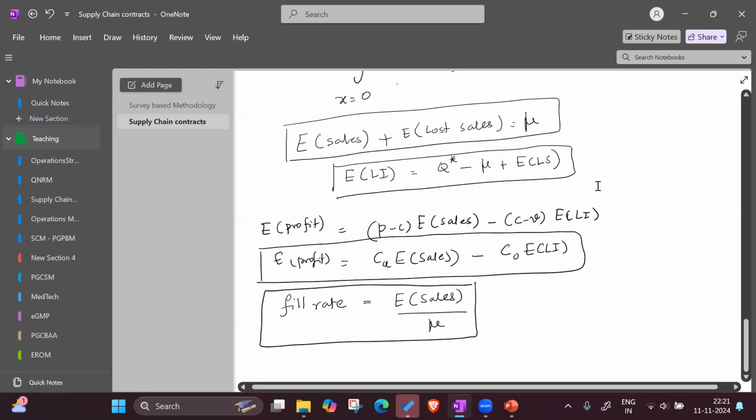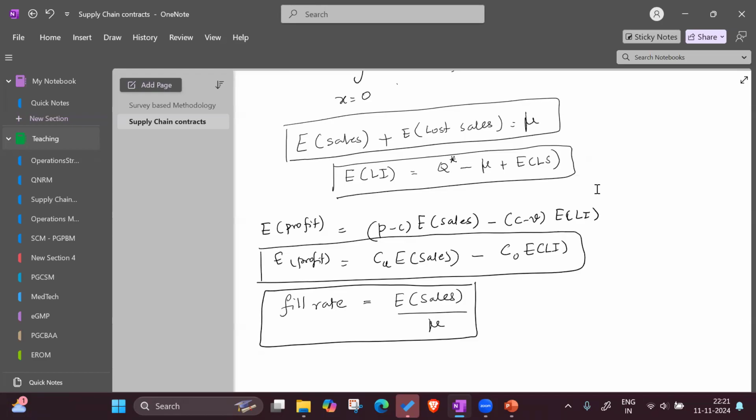That's not the way to look at this particular thing, because what we are representing is expected sales. That means sales could be more or less than mu, but once you multiply it with different probabilities of that particular thing happening, along with the lost sales and the corresponding probabilities, then they add up to the average value, which is mu. Right? So that's the way to look at it. It does not mean that you will only sell less than mu or at max mu. Right? So that's not the way to look at it. Remember that all of these are expected values.